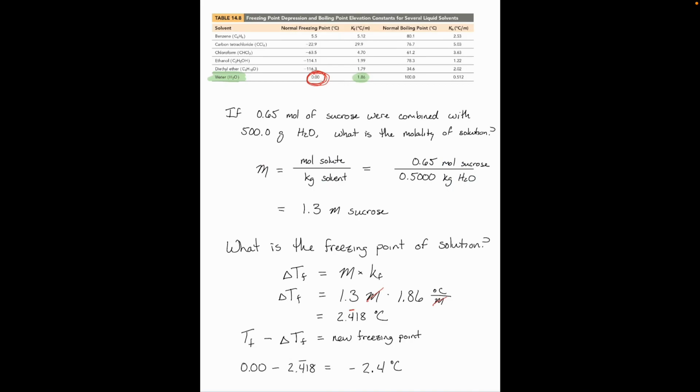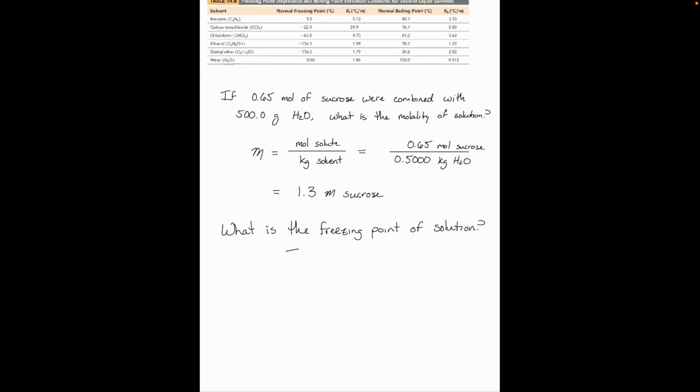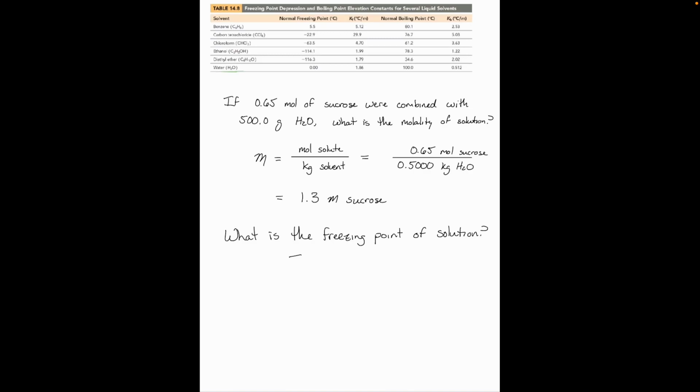All right, so now let's take this same sort of thing. We'll work with this same solution since we already went through the trouble of calculating its molality. And now I want to know what is the boiling point of this solution.